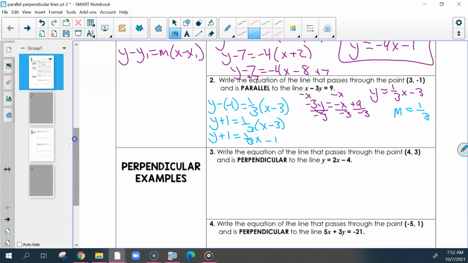And then get y by itself, so I subtract 1 to the other side. So our new equation, the one that's parallel to the original, is y equals 1/3 x minus 2.